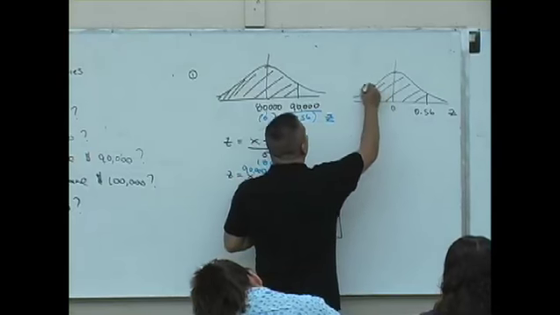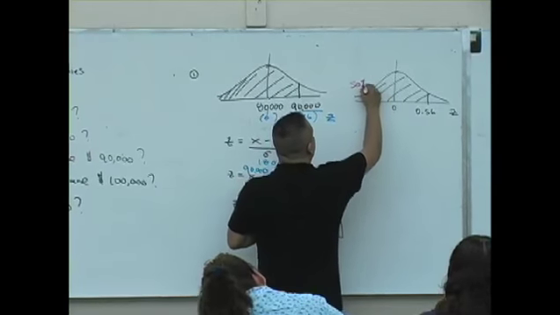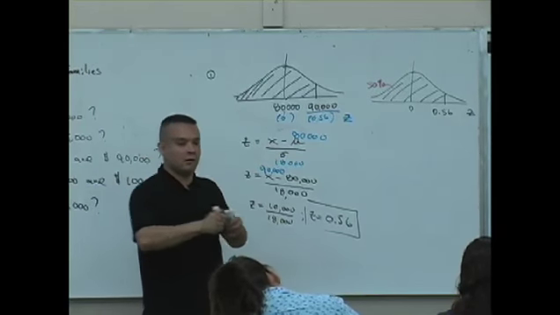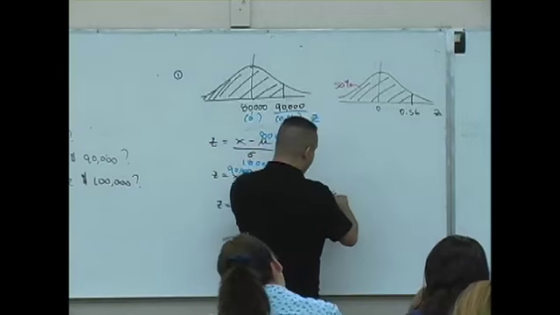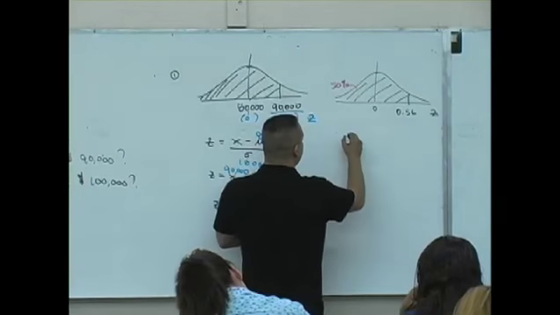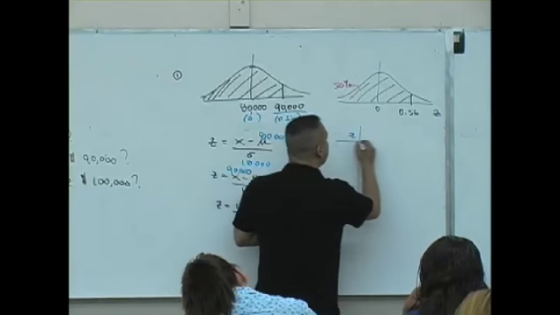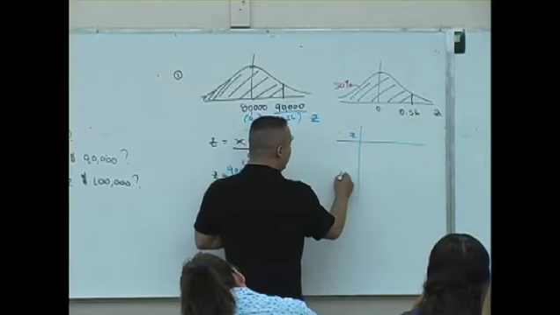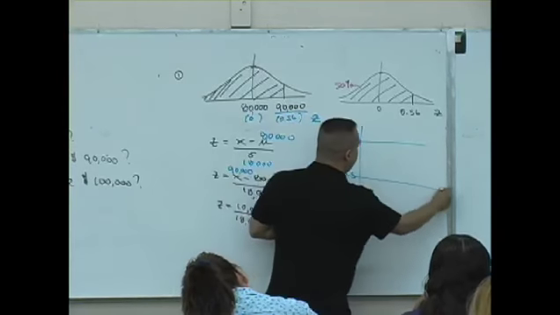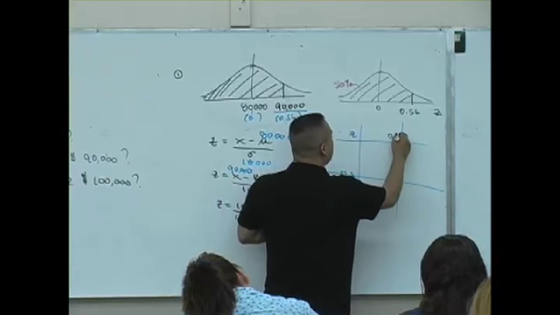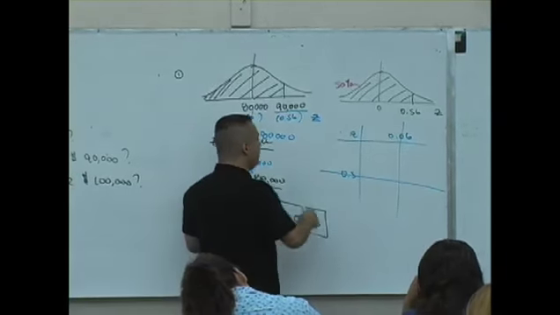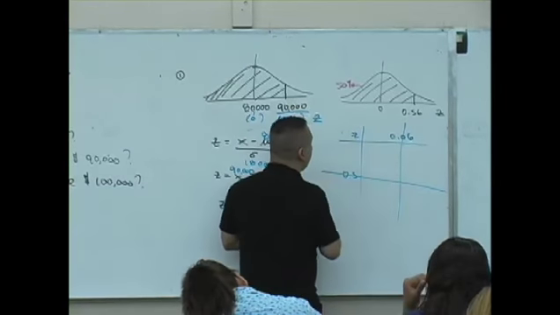What's in your left pocket? 50%. What's in the right pocket? How do you find what's in the right pocket? You remember that? Look for the z-value. Okay. Get as close as you can to 0.56 without going over. 0.5. Fine-tune with the column. 0.06. What number is in the 0.5 row in the 0.06 column?